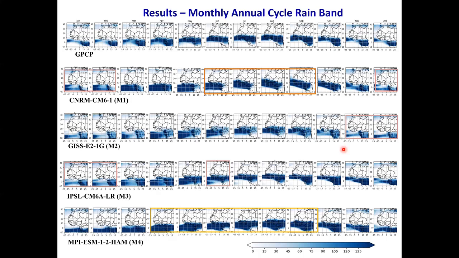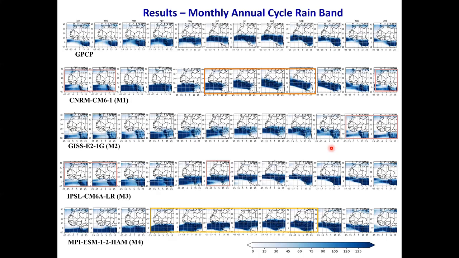Good. So in simple terms, the heat band and the rain band are just areas over the region with 50% higher rainfall when you compare it to the cumulative distribution function.